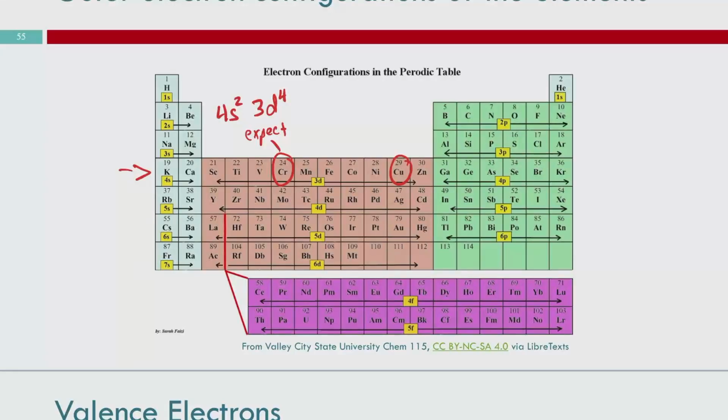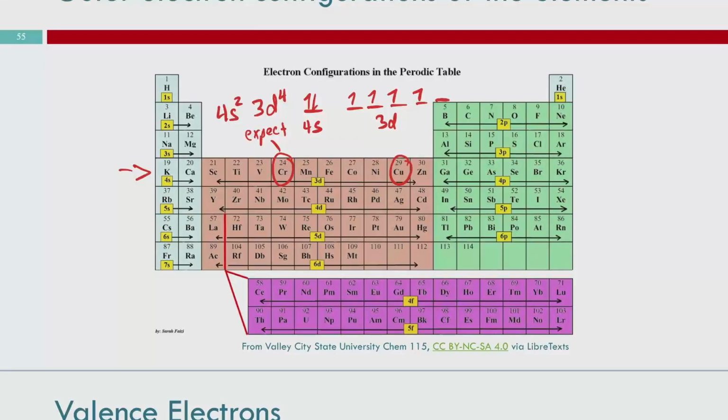And if we look at an orbital diagram for that, we've got our 4s and our 3d.